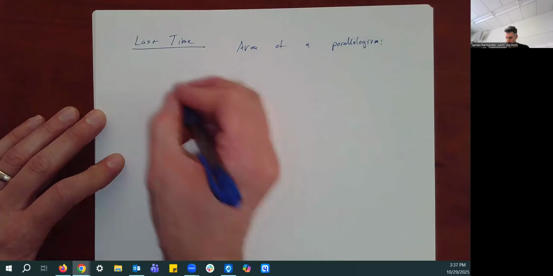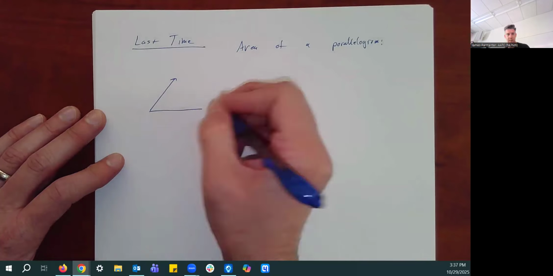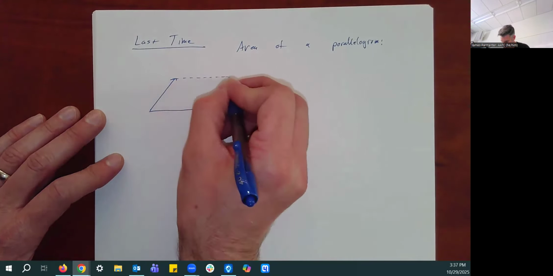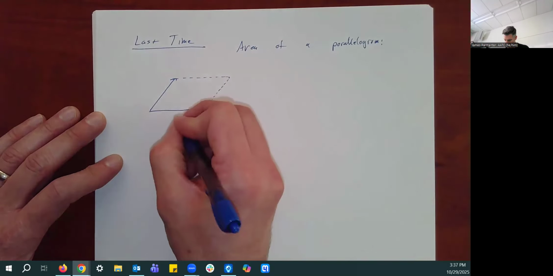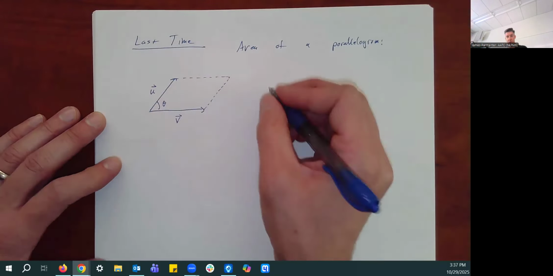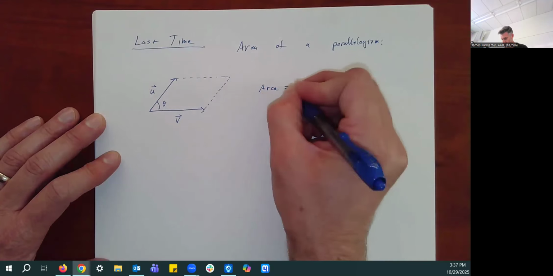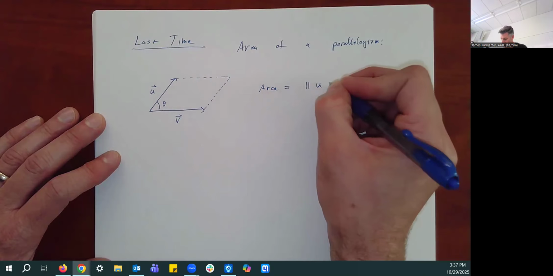If you write your parallelogram like this, where you have vectors like here and here, and here's your parallelogram. If you call this vector v and this vector u and this angle theta, it is true that the area of this parallelogram is equal to the magnitude of u cross v.